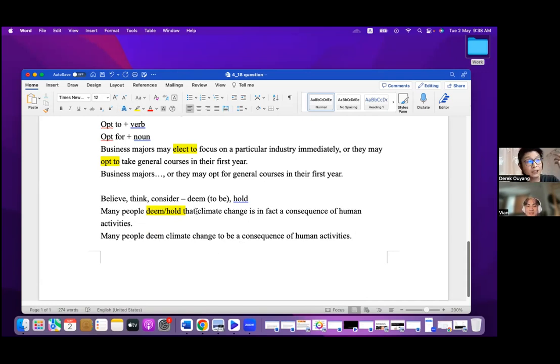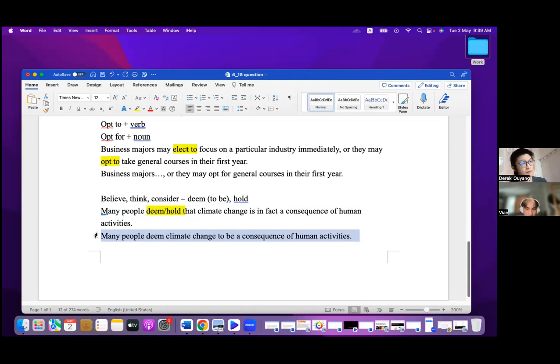Many people deem that climate change is in fact a consequence of human activities, meaning that 很多人认为呢，气候变化呢是人为造成。Consequence means result, the result of human activities 是人为造成。So the sentence is the same thing.